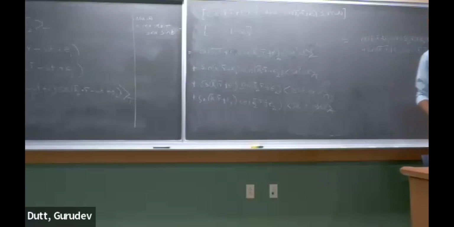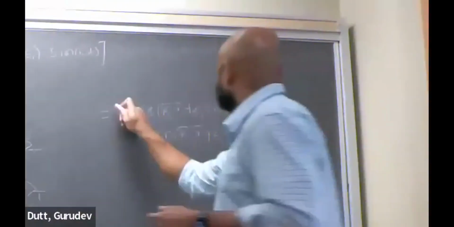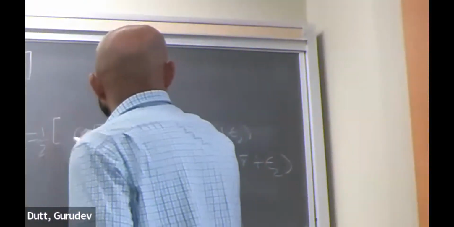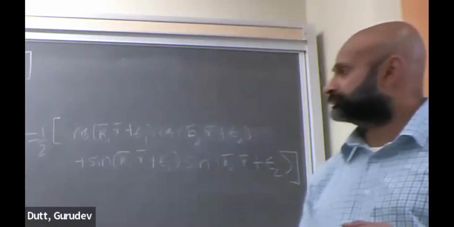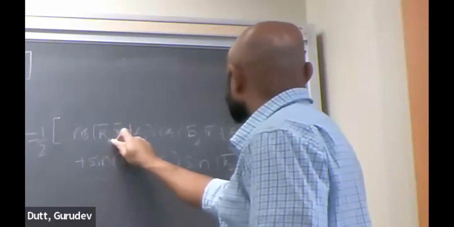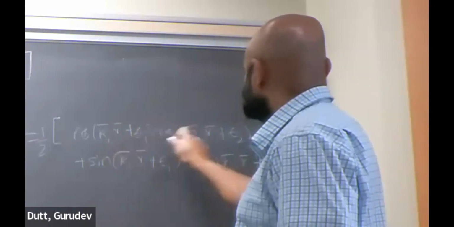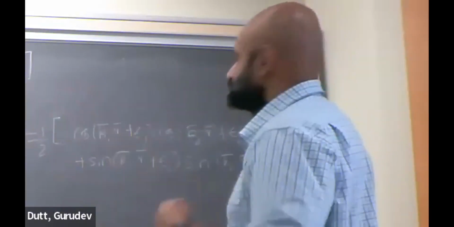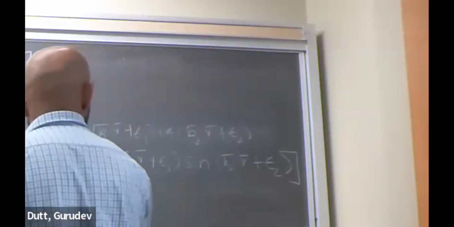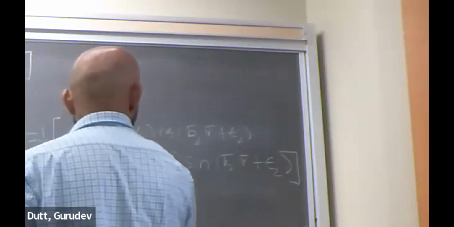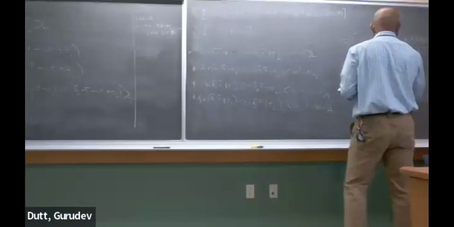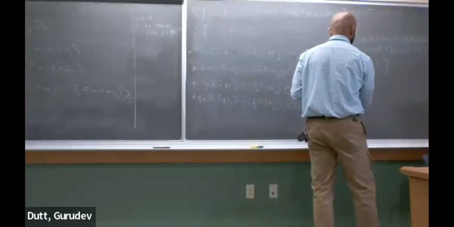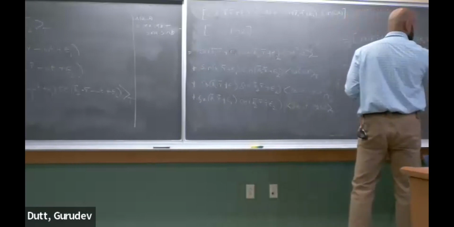So where did the 1/2 go? Oh yeah, there's a 1/2. So this is cos A cos B plus sine A sine B, again using the same formula. This is just 1/2 cosine of a term which I'm going to call delta, where delta is just this minus that.